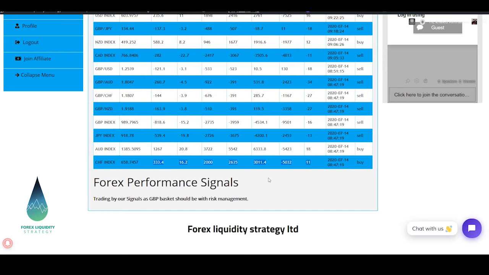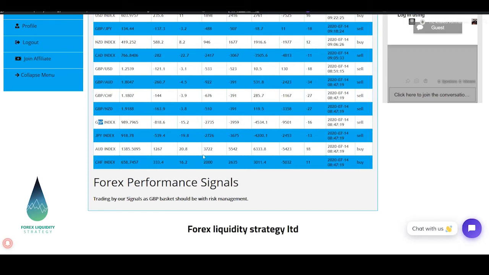Here we're looking at three scenarios where you have only an index buy or sell, or only a pair buy or sell, or an index plus a pair. On the 14th of July, we had the franc index as a buy, the Australian index as a buy, and the yen index as a sell at the exact same time and date, and then we have the pound index.